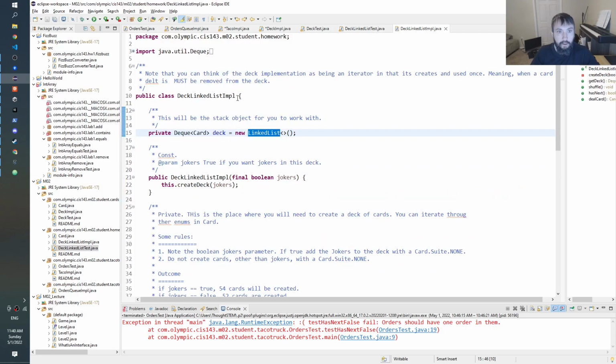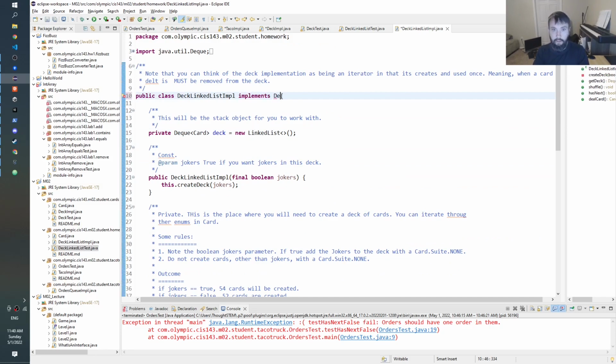So most of you who did the homework, you said that these things implement Deck, some more abstract interface. And that's Java's way of being able to capture and declare that your class has some particular methods.